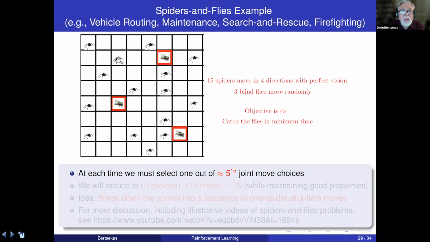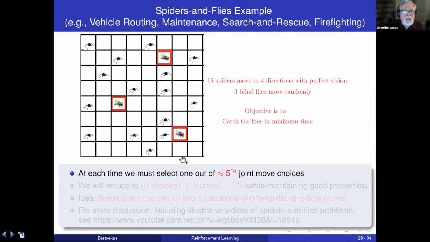So each spider at each time step has 5 choices. We assume that the flies are blind. They don't see the spiders at all, and they move randomly. So the objective here is for the spiders, working as a team, to catch all the flies in minimum time.